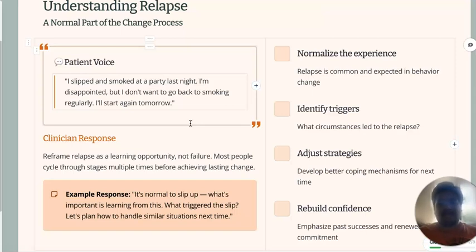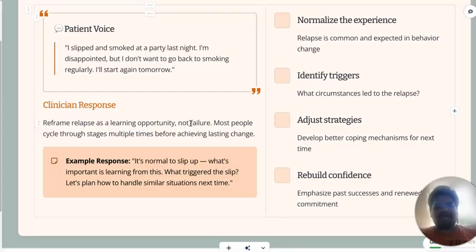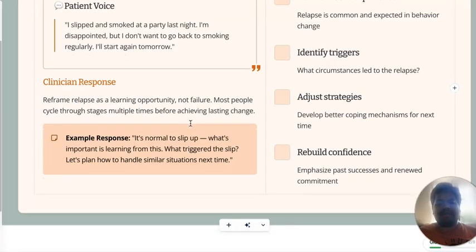So in this phase, you must not demotivate the patient. Rather, you have to help the patient identify the triggers, what circumstances led to the relapse, and adjust the strategies so that he can develop coping mechanisms for next time, and also help him rebuild confidence. Here you have to emphasize the past successes and renewed commitment.